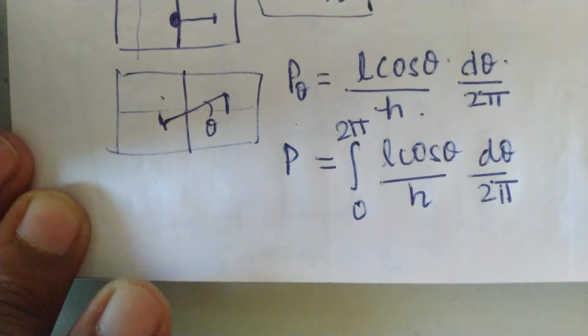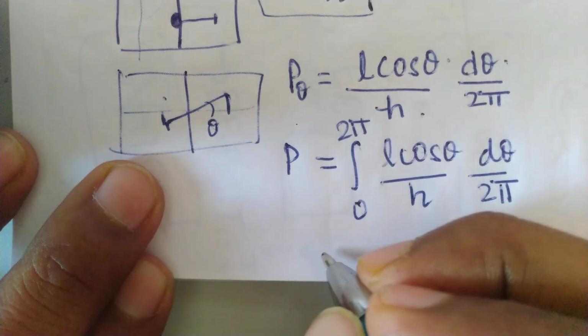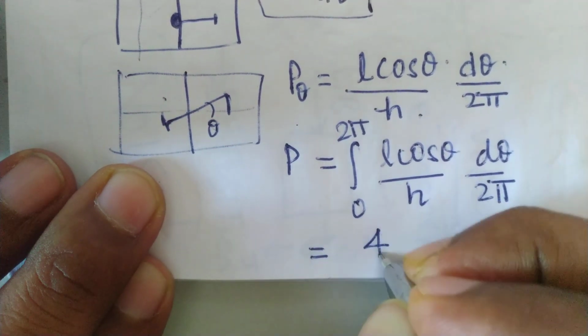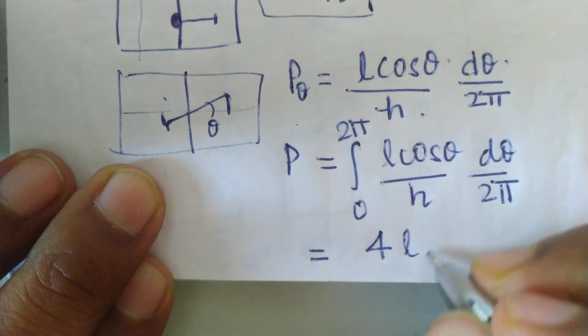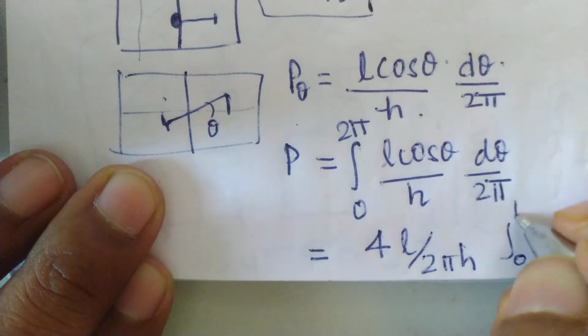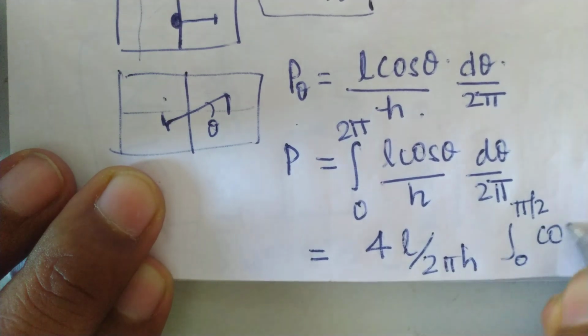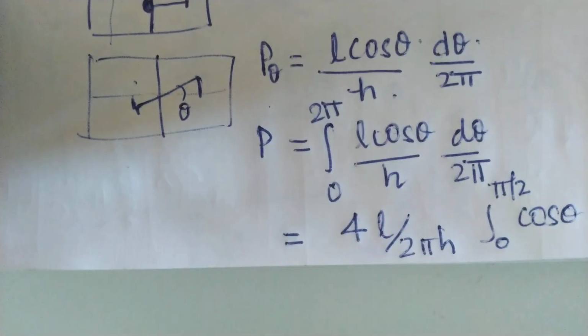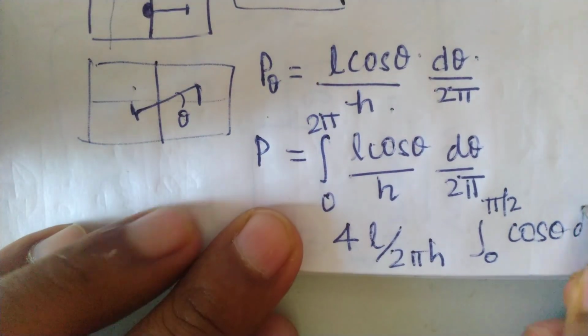Now what we do here is we just divide this into 4 intervals of 0 to pi by 2. We take L by 2 pi h outside, so it's now the integral from 0 to pi by 2 of cos theta d theta.